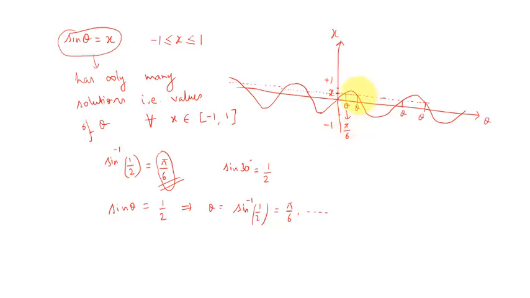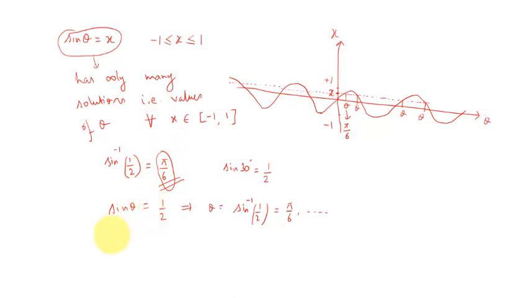But there will be many more values of theta which will be satisfying this equation, and pi by 6 is the most important of all those values of theta. We call this value the principal value of sine inverse 1 over 2.